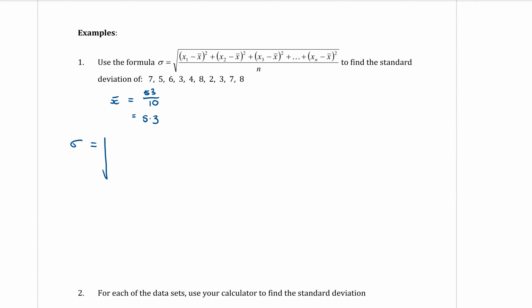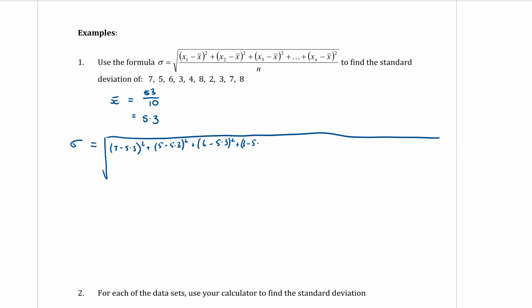and we want to do x1 minus the mean squared. Now that x1, remember, is just the first score, so that's going to be 7 minus 5.3 close bracket squared. Then I do the next score, 5 minus 5.3 close bracket squared. Then 6 minus 5.3 close bracket squared, and we keep going. 3 minus 5.3 close bracket squared.